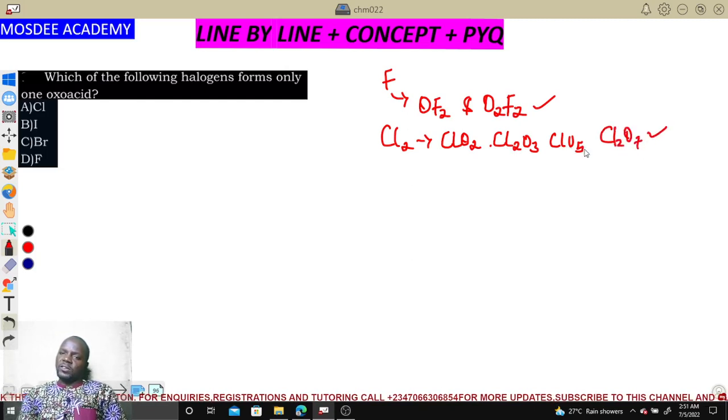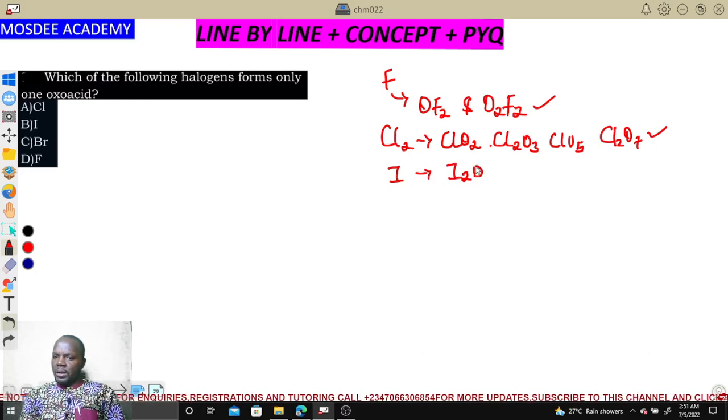So these are what you can see for the halogen when they combine. You can also combine the next one, iodine. Iodine can also combine with oxygen to give you I2O3, we have I2O5, and I2O7.